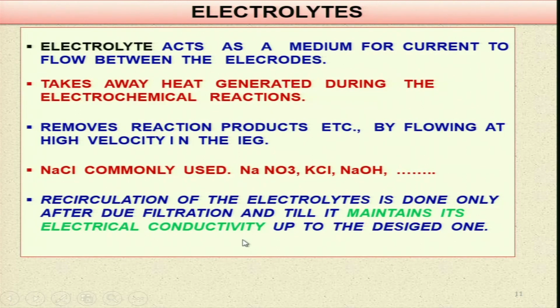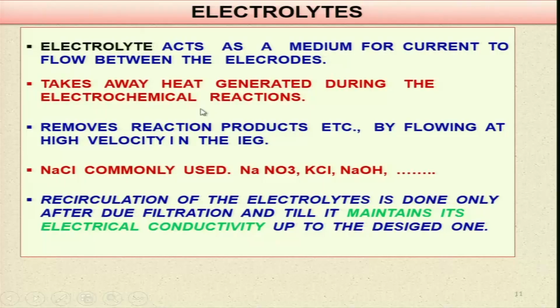Recirculation of the electrolytes is done only after due filtration and till it maintains its electrical conductivity up to the designed one. Now, there are certain questions which you may ask: what is the importance of heat removal from the inter-electrode gap? If you do not remove the heat quickly, the temperature of the electrolyte will change, and once the temperature changes, the electrolyte conductivity will change and you will not get the expected workpiece shape, size, dimensions.